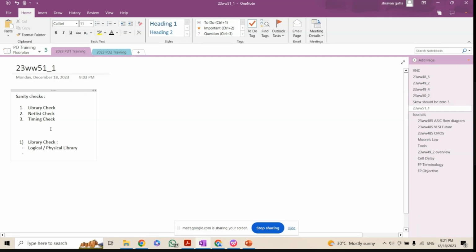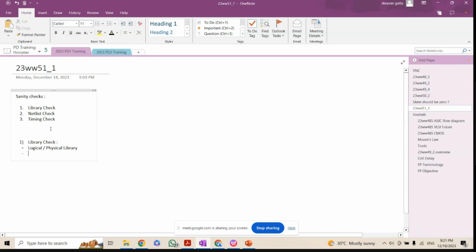So in the library check, there are basically two types, logical and physical libraries. The logical library contains the timing, power, and noise of each cell. The physical library has the real layout topology of the cells, like how much the cell height is. Let's say this is your buffer.